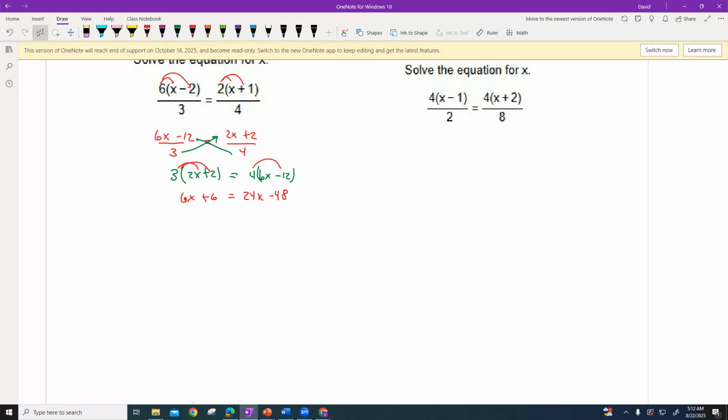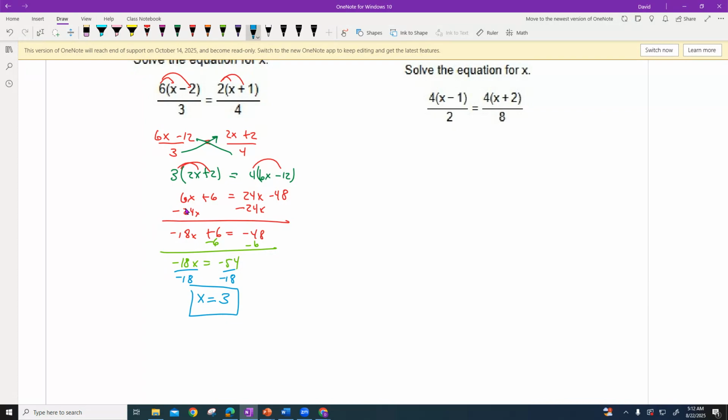And from there we just get the x by itself. And we get 3.